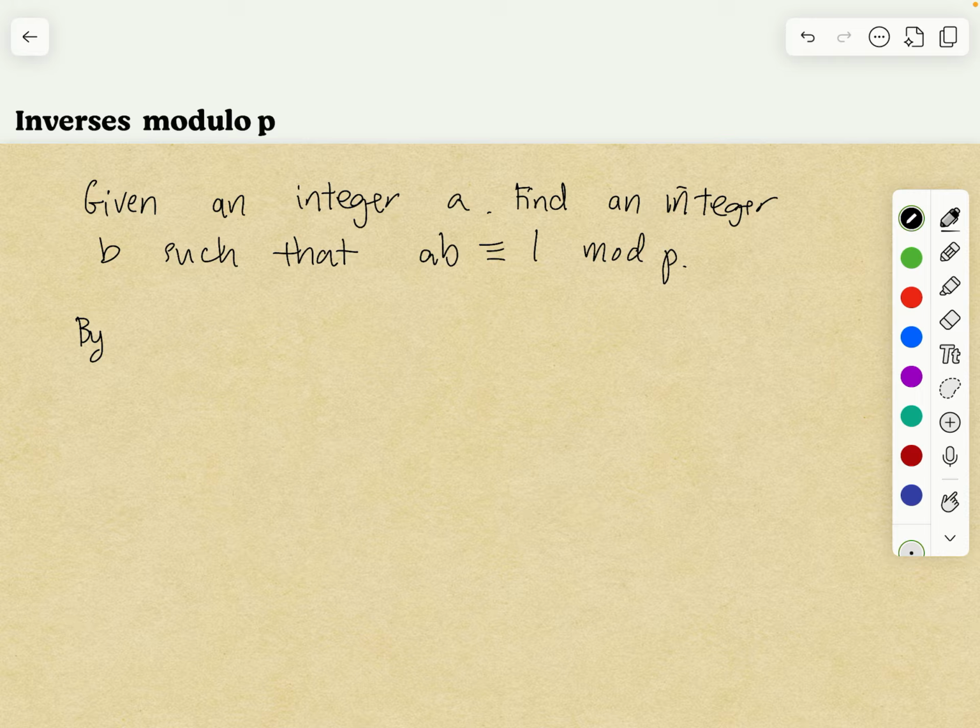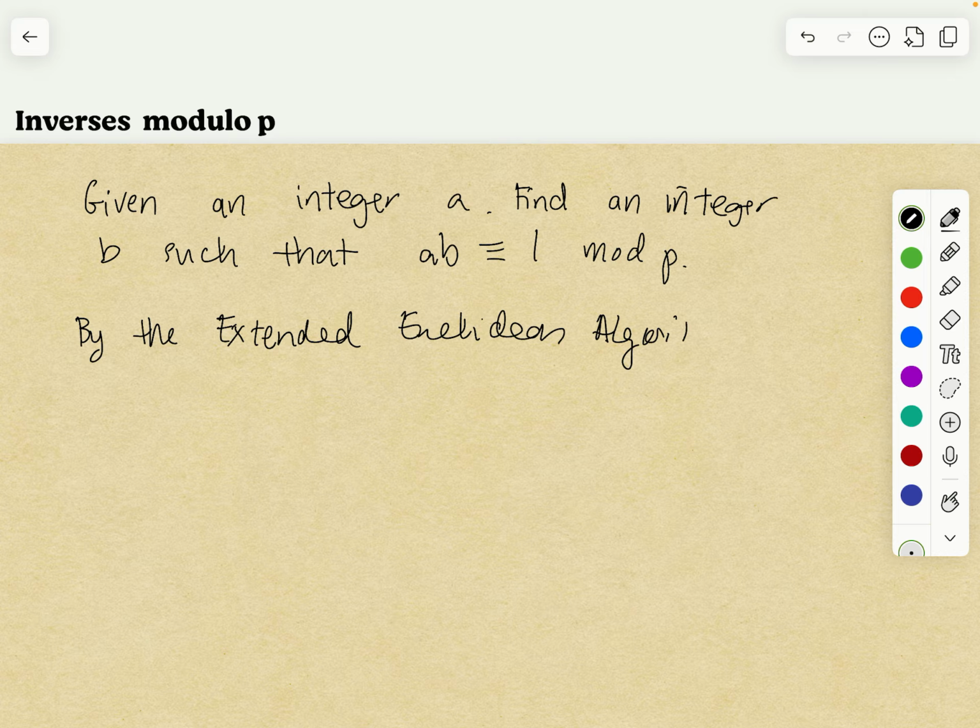By the extended Euclidean algorithm, a and p are relatively prime, because I guess I should have said that: we have an integer a with GCD(a, p) equals 1. So when you have that, we can do this.